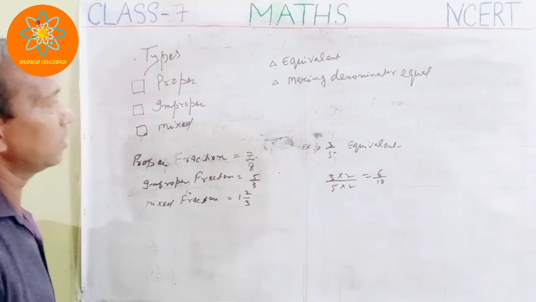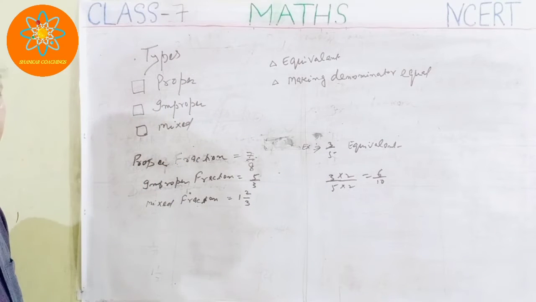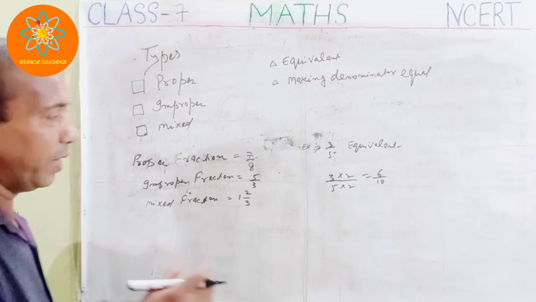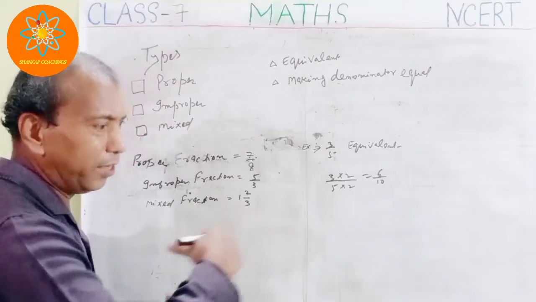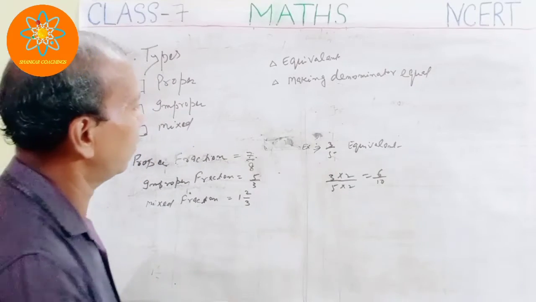Now the next one is making the denominator equal. Making the denominator equal means that if I make the denominators equal, then I can arrange the fractions in ascending and descending order.